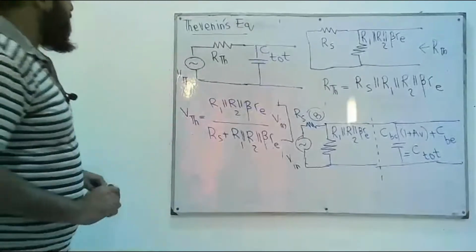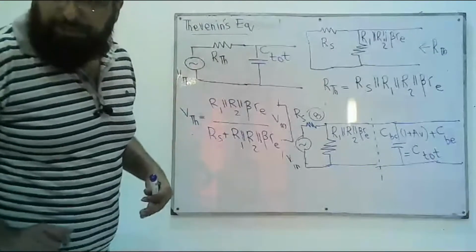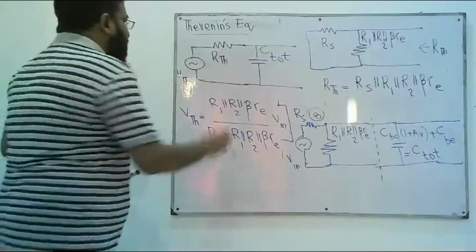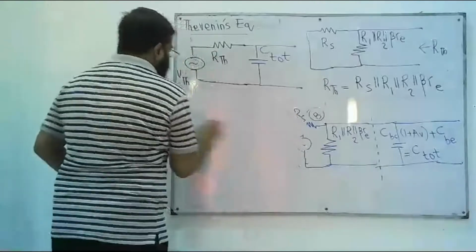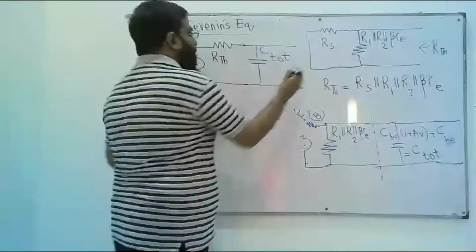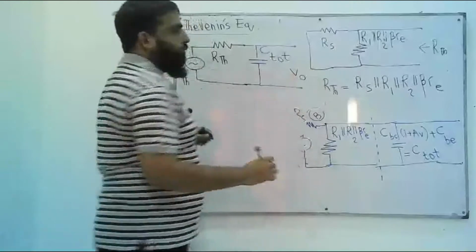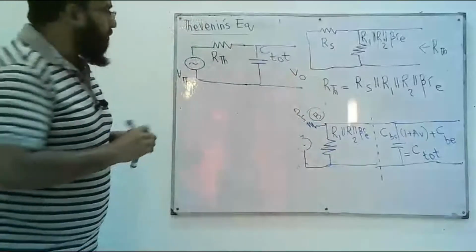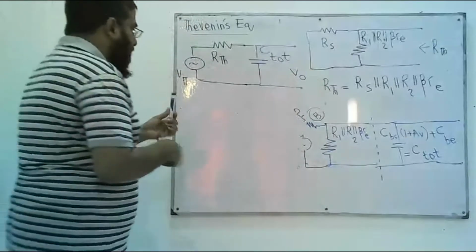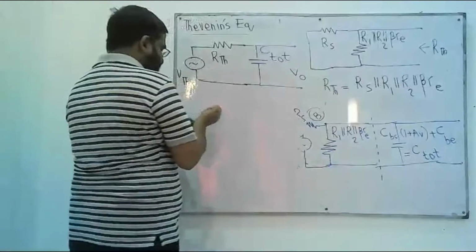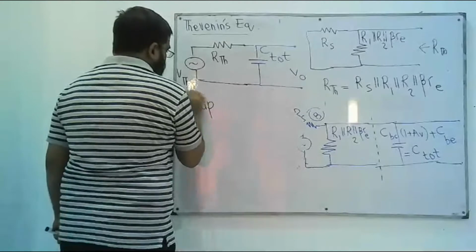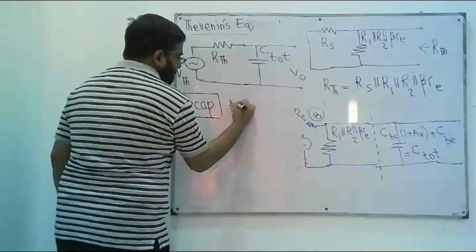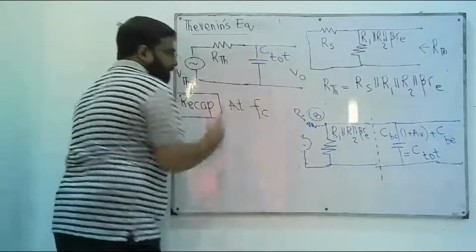And this is also an RC circuit, a series RC circuit, and this is a low pass circuit because we are going to compute the output voltage across this C. And for this circuit, we previously know what happens at the cutoff frequency.